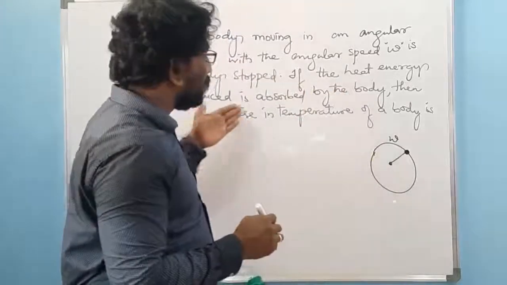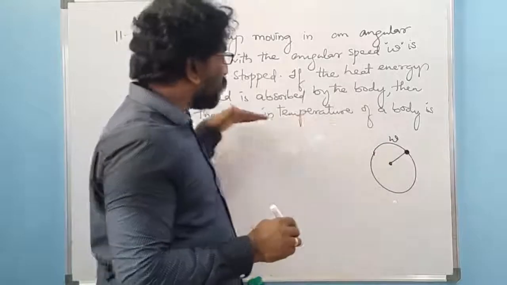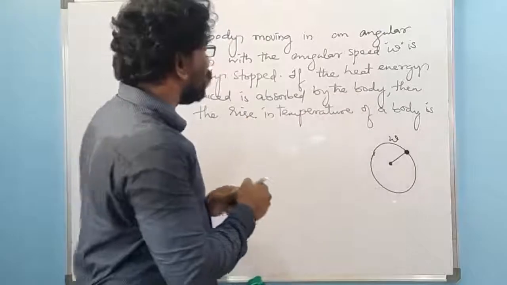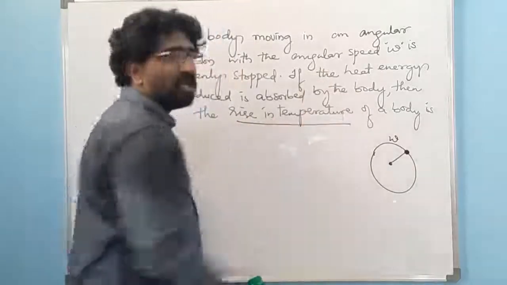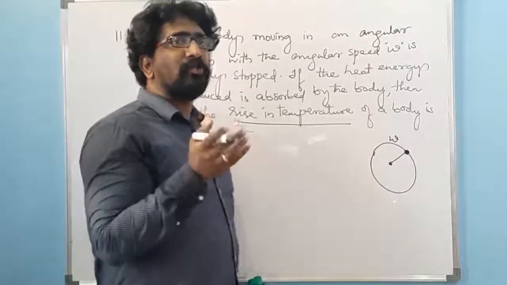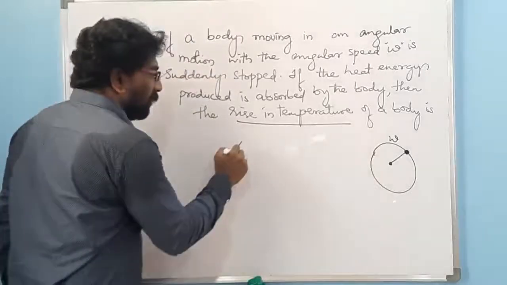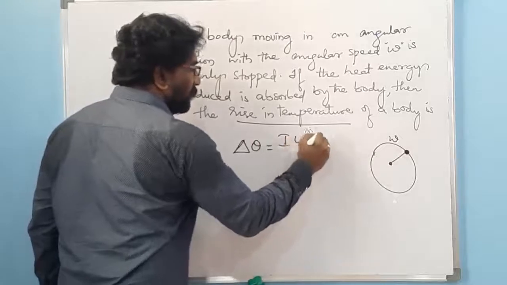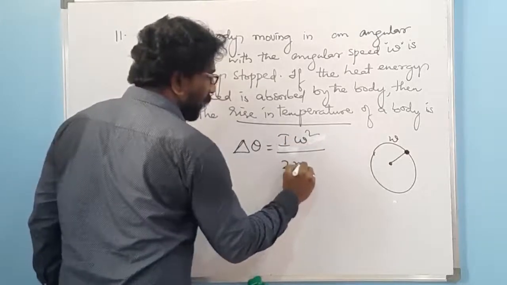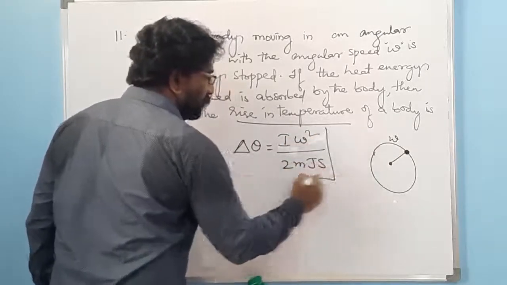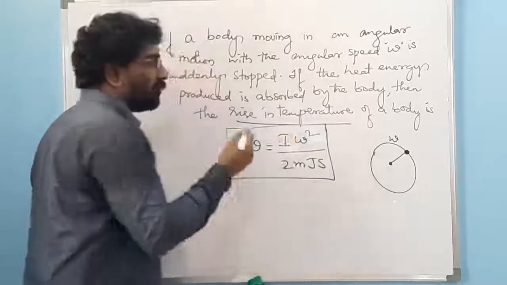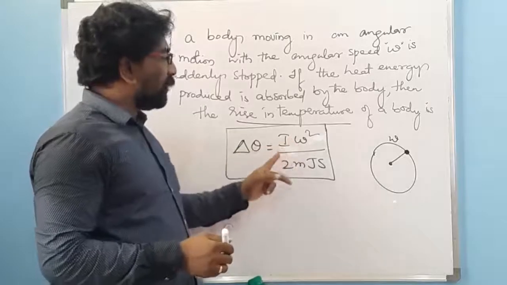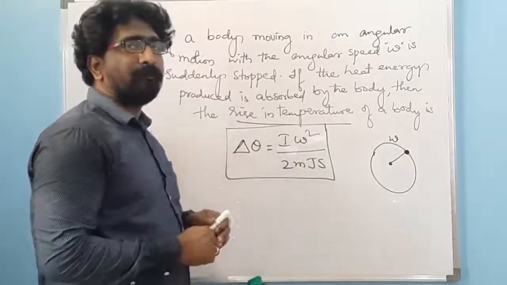That heat energy gained in this motion is absorbed by the body, and the rise in temperature takes place in the body. We are supposed to find that rise in temperature. The rise in temperature delta theta is equal to I omega square over 2 m J s. So this is your formula.